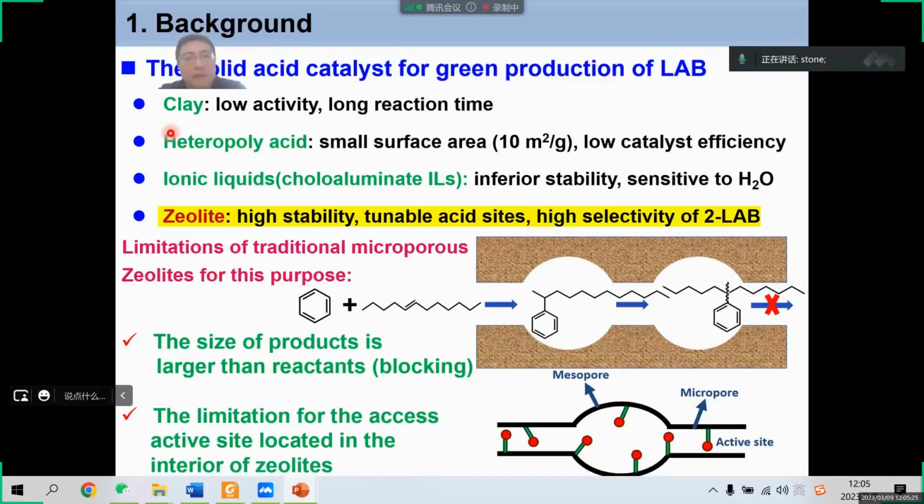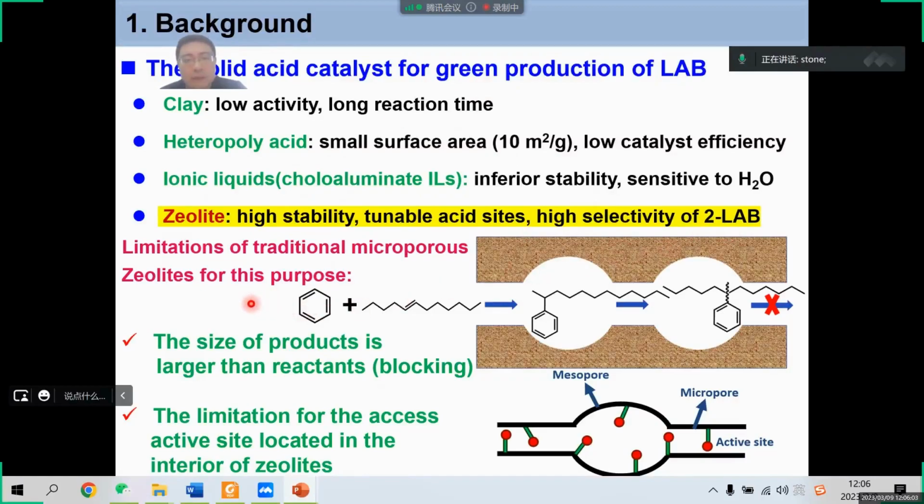But for clay and ionic liquids, they have some limitations in the production of LAB because of lower selectivity, small surface area, and inferior stability. Zeolites have exhibited good performance in the production of LAB because they have high stability, tunable acid sites, and high selectivity to LAB.